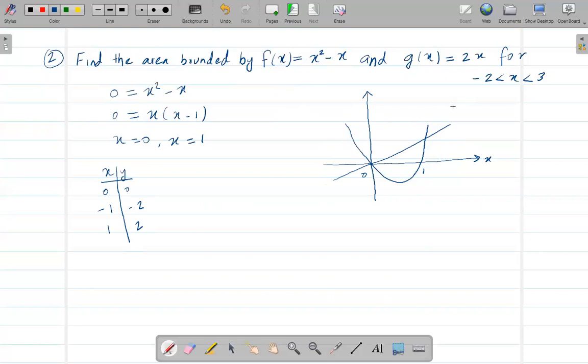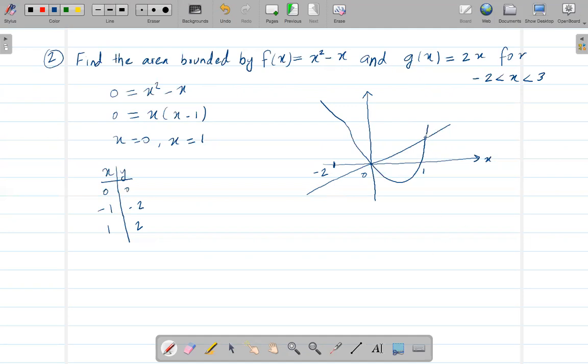Now it is asking to find the area bounded for this interval, right? So -2 is going to be, let's say, somewhere down here. So -2, and the 3 will be this point.